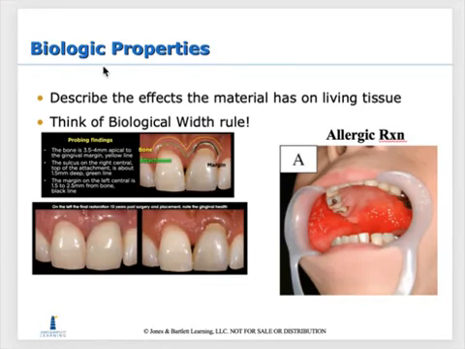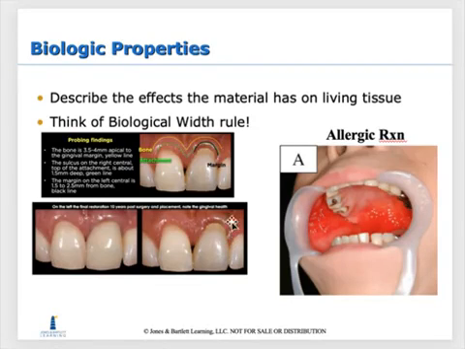A good way to remember this, I think of the biological width rule, and this gives an example. This tooth had a restoration margin that was very, very close to the alveolar bone, shown by the yellow dotted line. If you don't know, the biological width rule talks about how the bone needs to be at least a little over 2 millimeters away from a material. Otherwise, the alveolar bone is going to get destroyed and try to get away from that irritant.